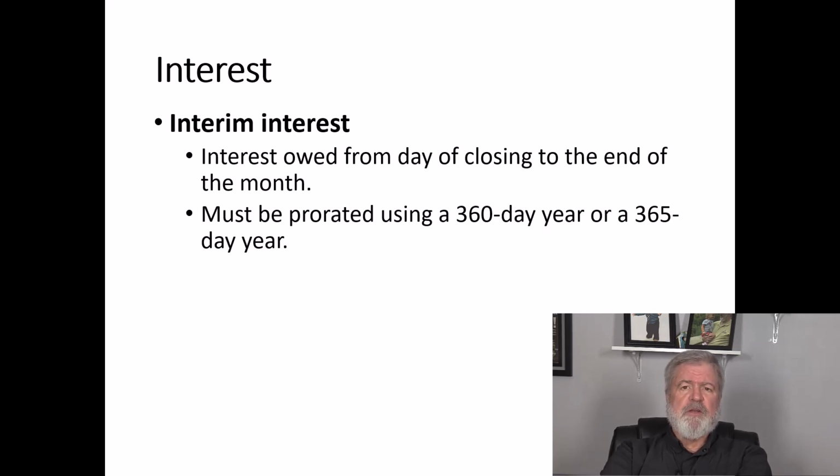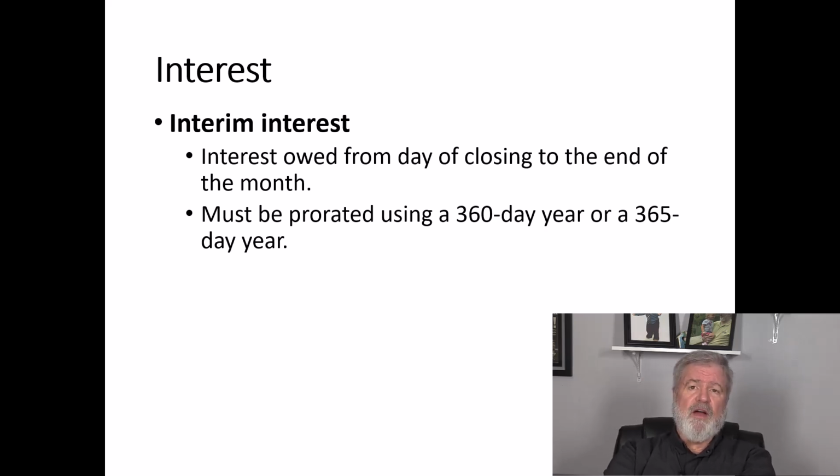But you need to pay attention to the question, because they will likely tell you in the question to calculate this interest based on a 360-day year, or they may tell you to use a 365-day year. Now, why does that matter, and what does that mean?